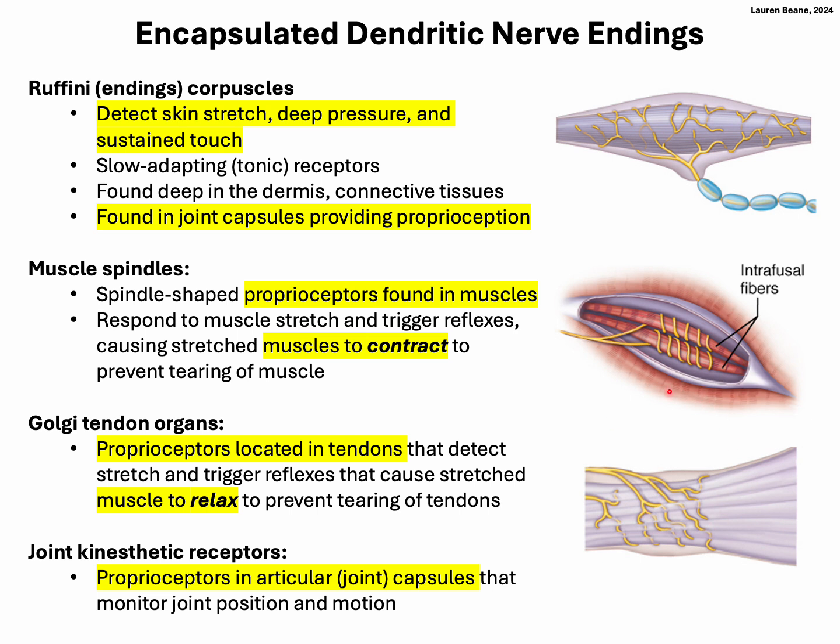So these work in a similar manner, but the location is different and the overall effect is a little bit different, but it can activate that protective reflexive activity. Then with our joint kinesthetic receptors, there's several different types, but these are within the joint capsule, monitoring joint position, can even monitor things like inflammation within the joint, but has all to do with movement within the joint.